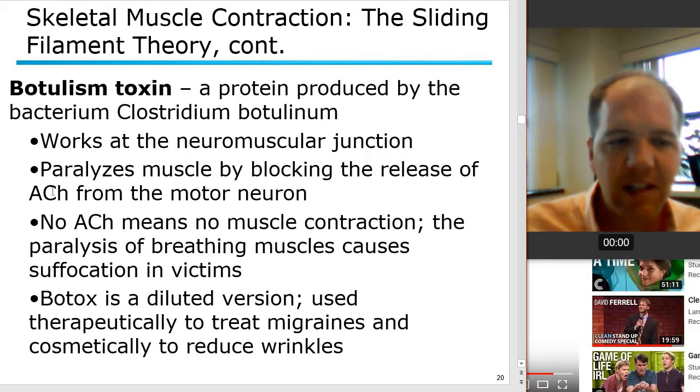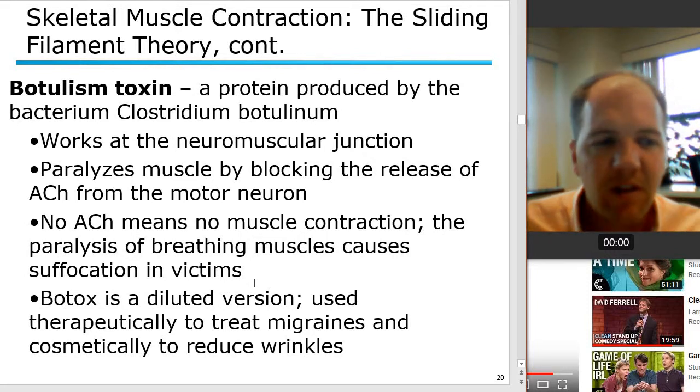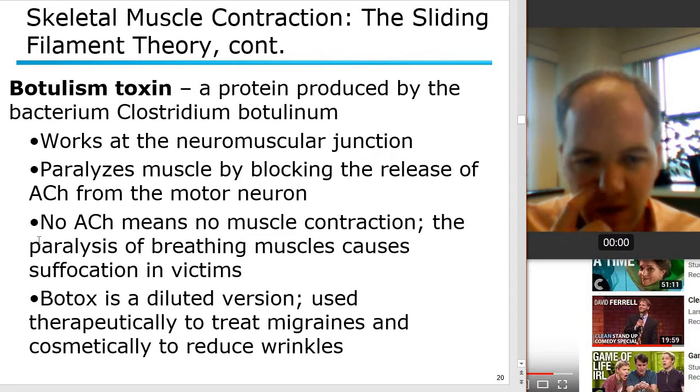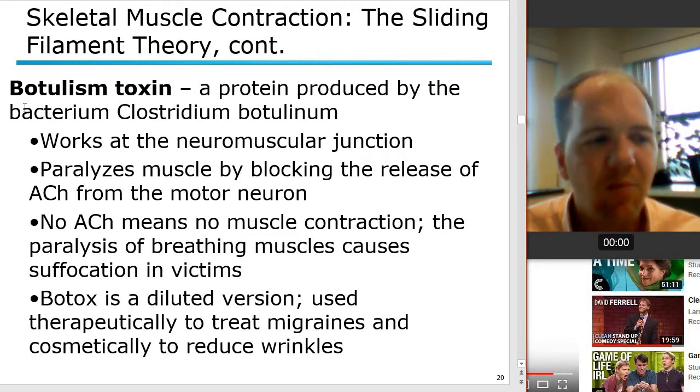What it does is it keeps the neuron from being able to release acetylcholine. So if you can't release acetylcholine, then the muscle can't be stimulated to contract. In other words, there's no muscle contraction going on. So people that die from botulism, their breathing muscles can be paralyzed, and it basically suffocates them.